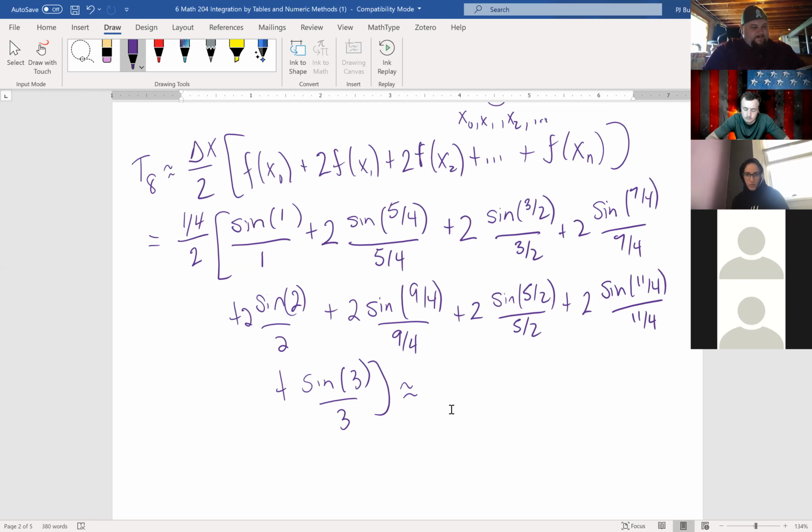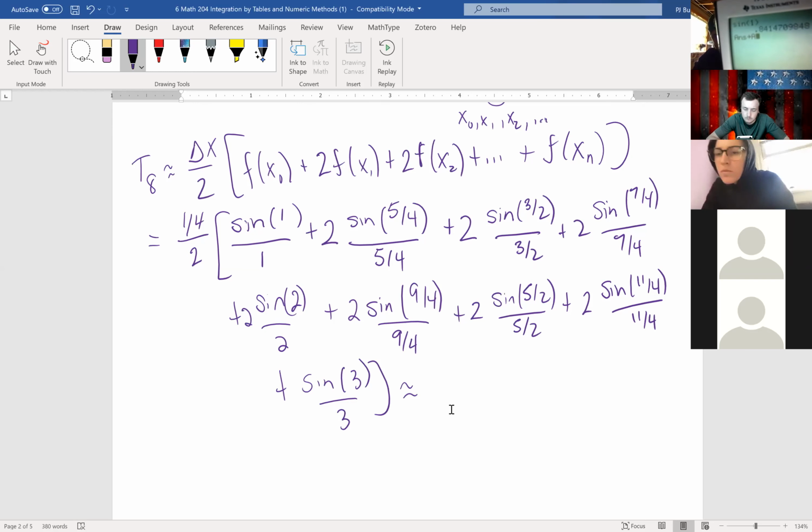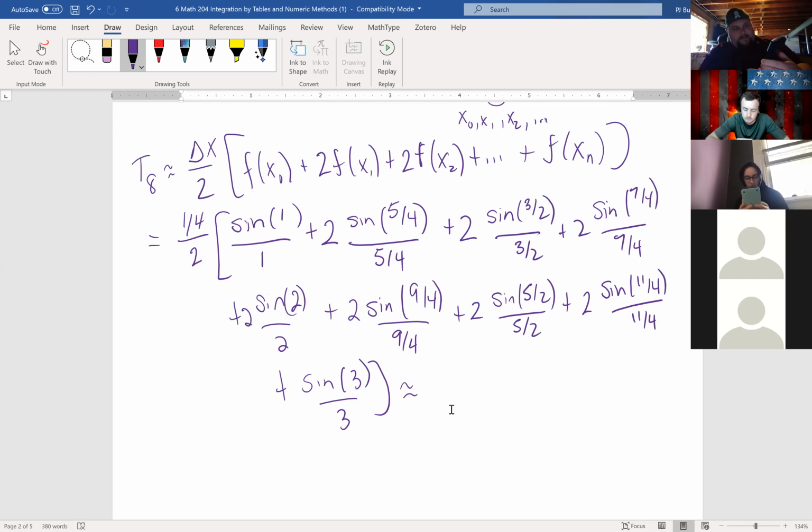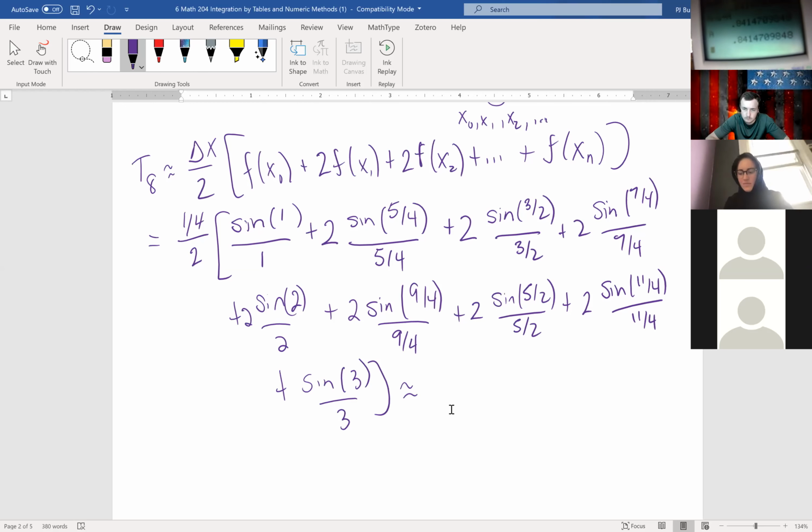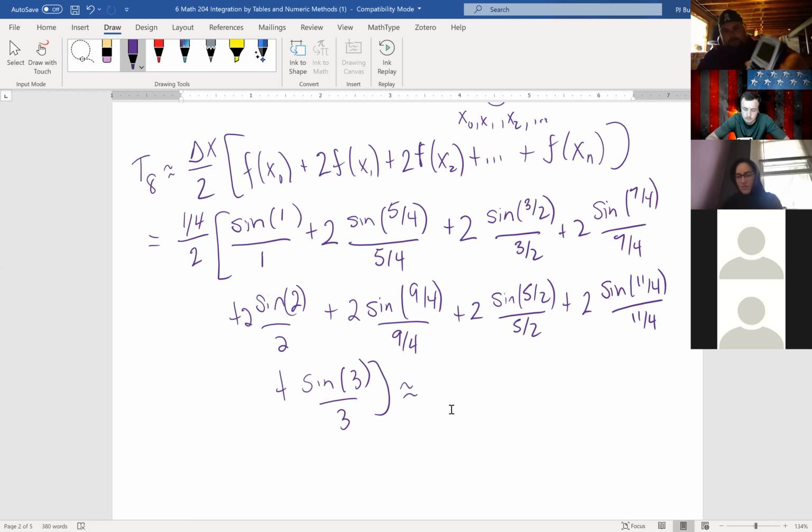Green key to give me the alphabet. So I'm going to store that as A. When I hit enter, it's just going to give me back the number. But now if I hit alpha A and hit enter again, notice it says that A is equal to that number. So this is one way that you can store the number.